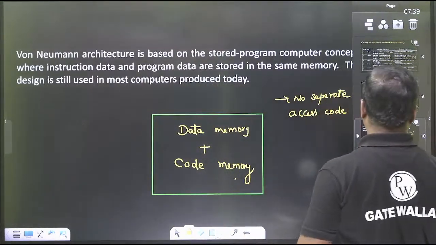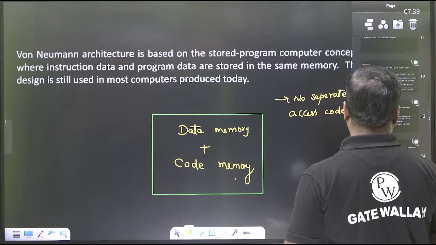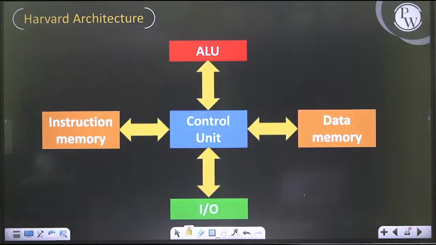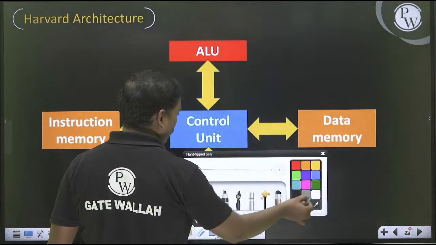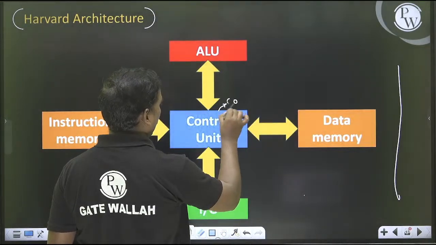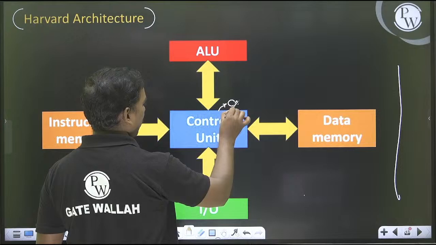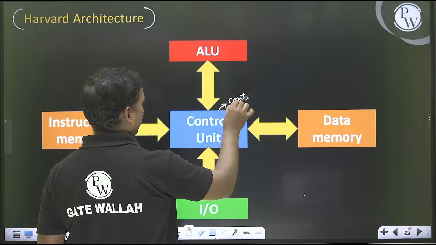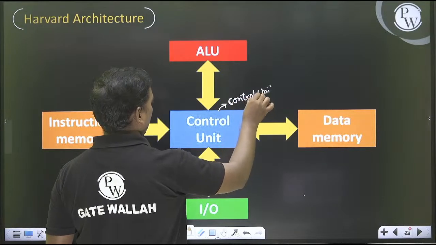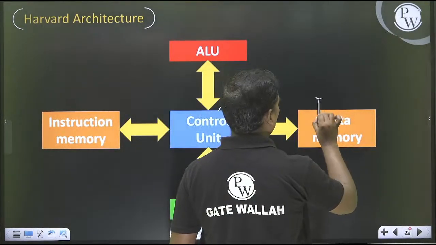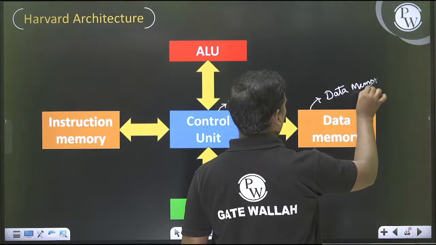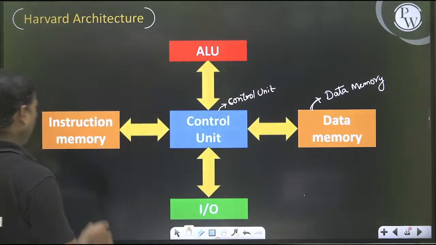So there is another architecture called the Harvard architecture. If you see the Harvard architecture, this is the control unit, this is the data memory, and this is the instruction memory.